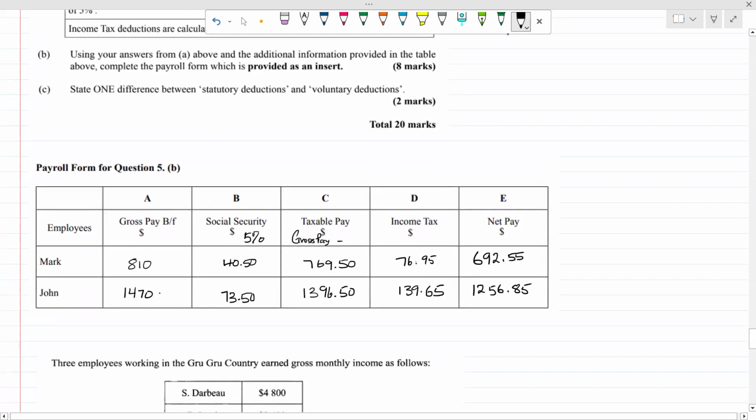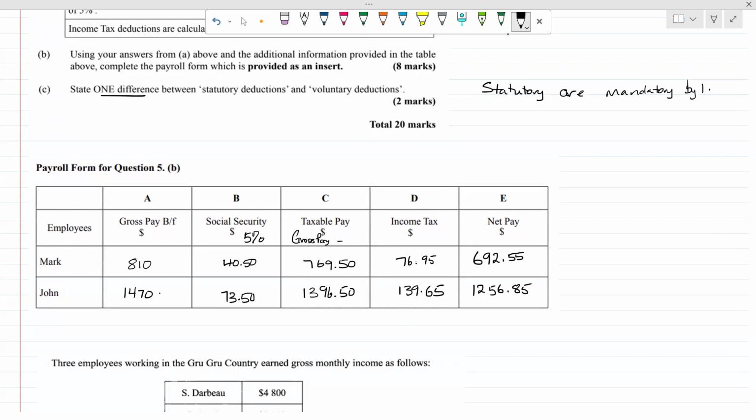All right. And one difference between statutory and voluntary deductions. Statutory deductions are mandatory by law, and voluntary deductions, as the name implies, are up to the decision of the employee.